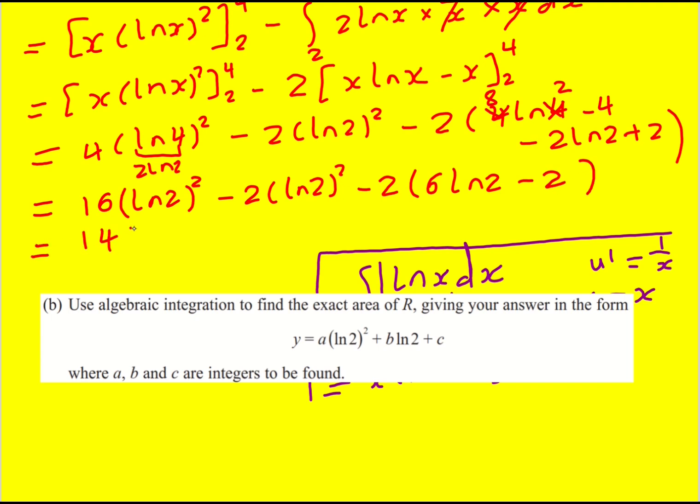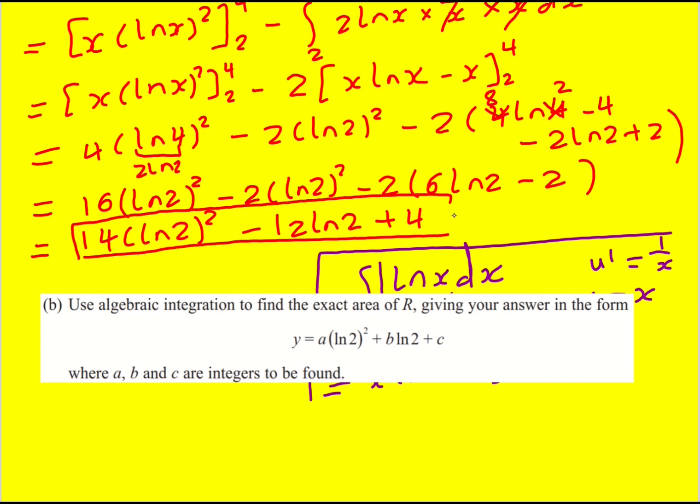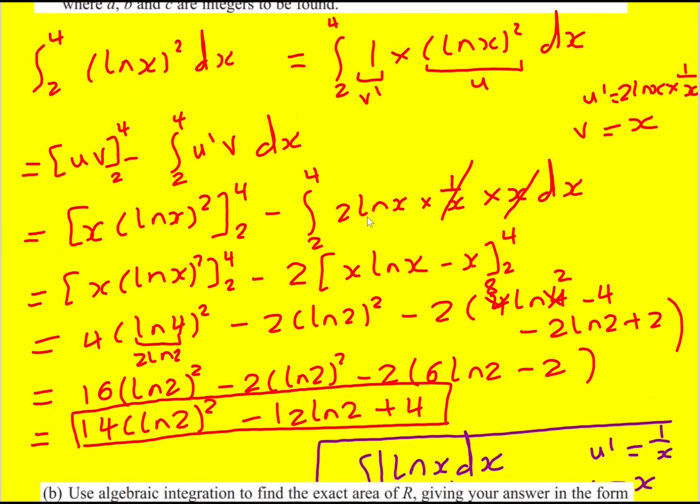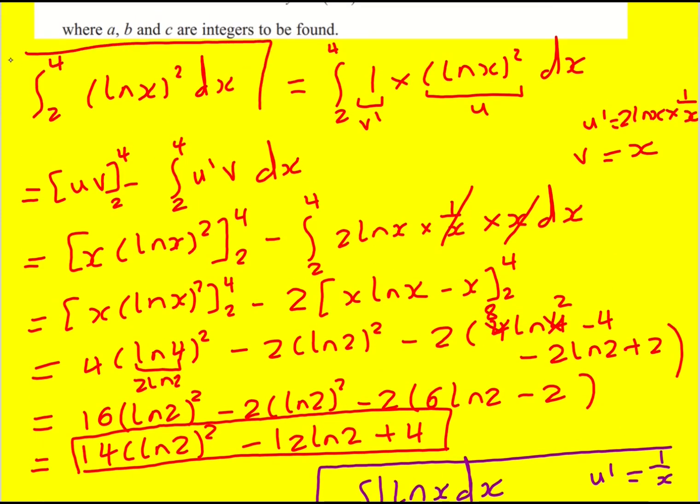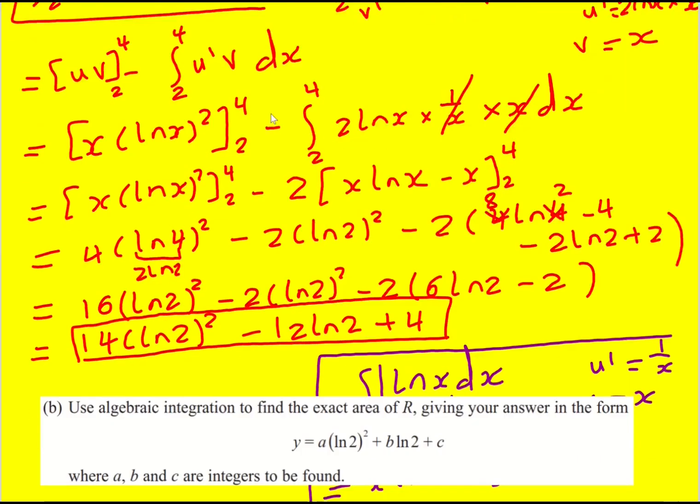That's going to give me 14 (ln 2) all squared minus 12 ln 2 plus 4. Okay, and that is the exact answer to the integral of (ln x) all squared.